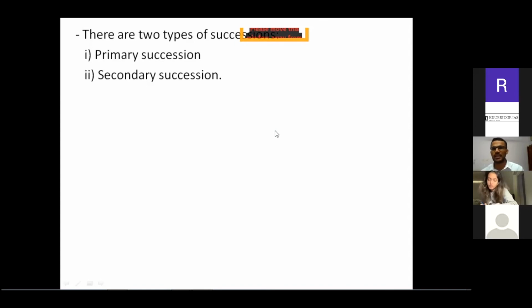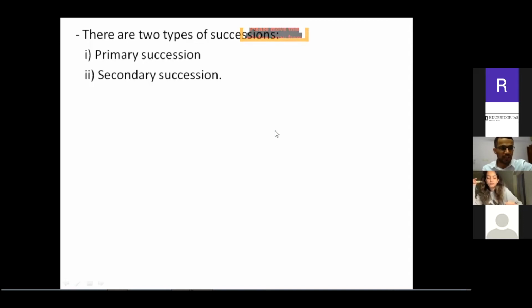Fine. So what does that mean? It means that in secondary succession, there was already a habitat where a community was thriving, and that community was disturbed because of natural events like forest fire or severe cyclone, or because of human activities like pollution. And because of these reasons, the community which was existing there has now been disturbed.